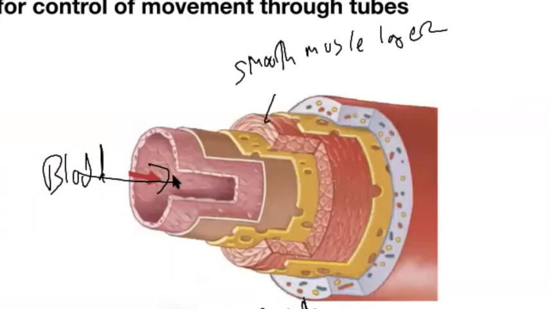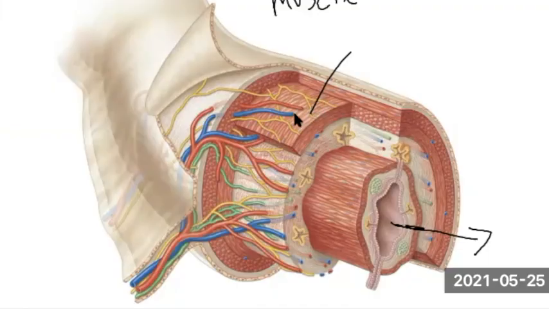And making it squirt higher but less through it. Or these muscle layers are going to cause movement through the digestive tract, or movement through your ureters, or movement through your reproductive ducts. All these muscular layers are going to cause that movement through tubes or kind of control the movement of tubes by this layer of smooth muscle around there.